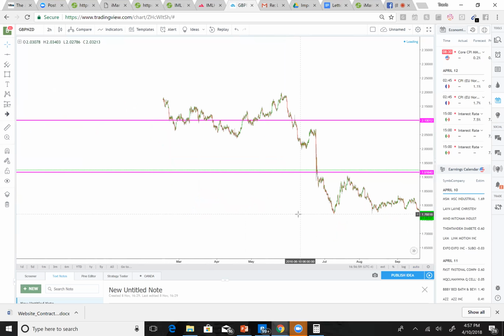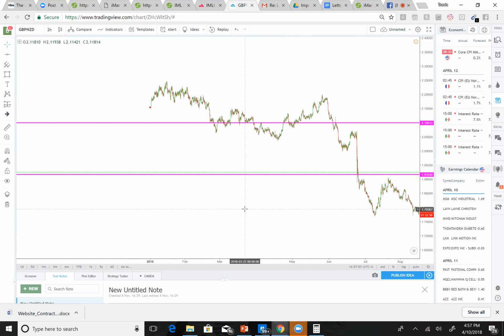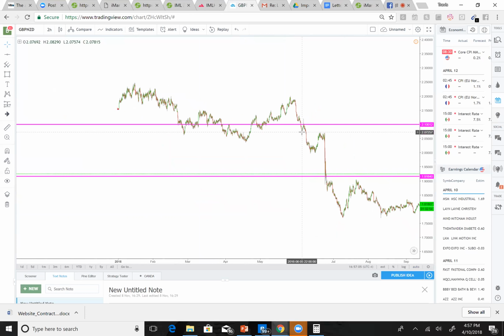Now look, I'm right here on my time frame, 2 hours. It broke my zone. This was a test, okay? Remember, this is a zone, so you really should have had it like this. Oops.